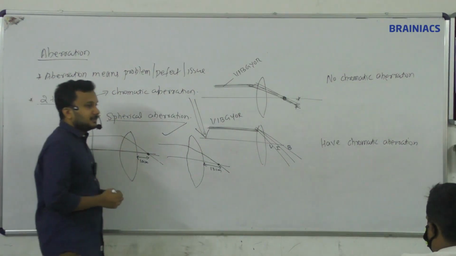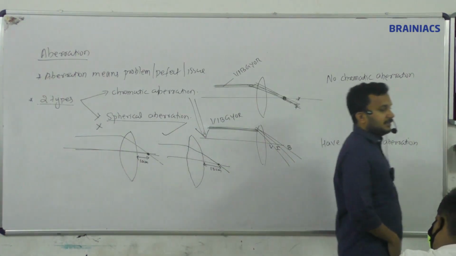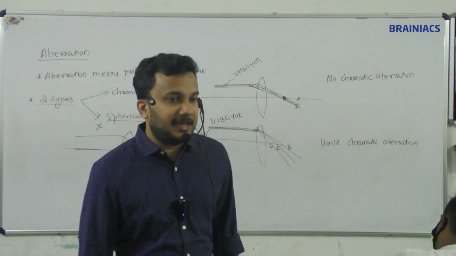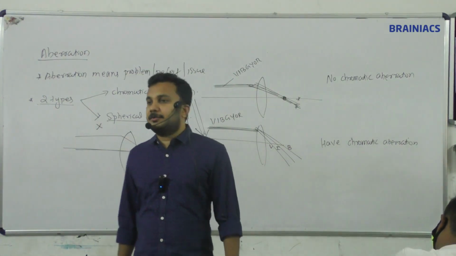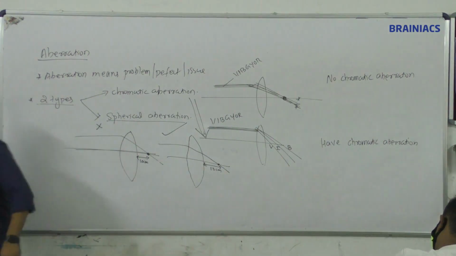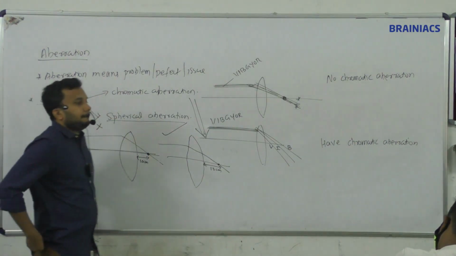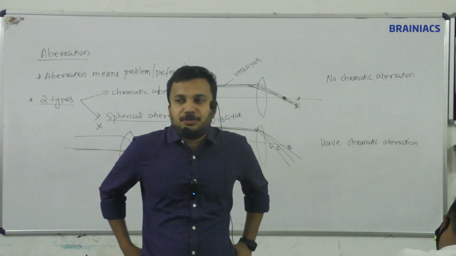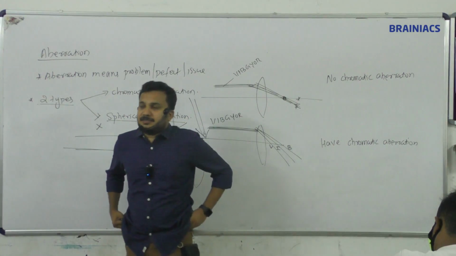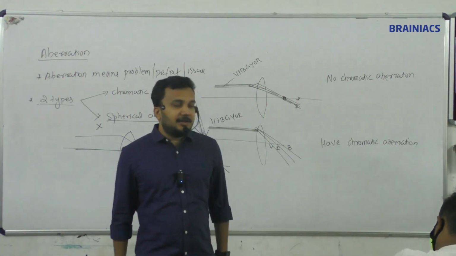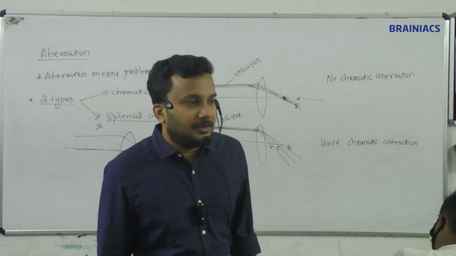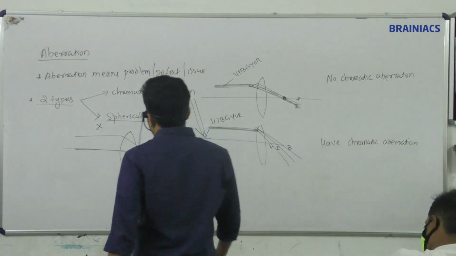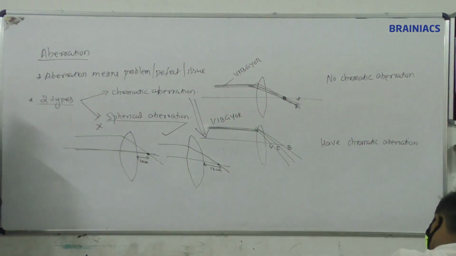Below, write: spherical aberration is due to the inability of the lens to focus the light beams due to the manufacturing defects of the lens.